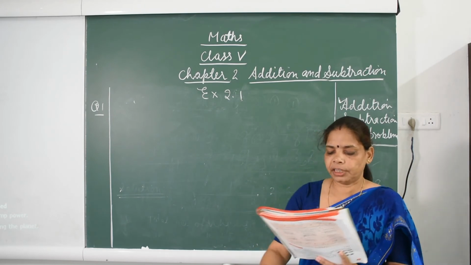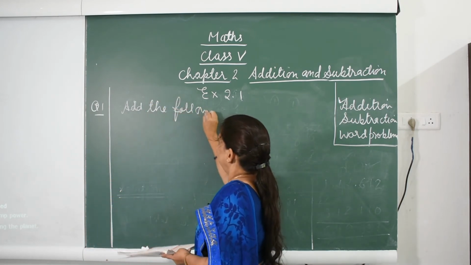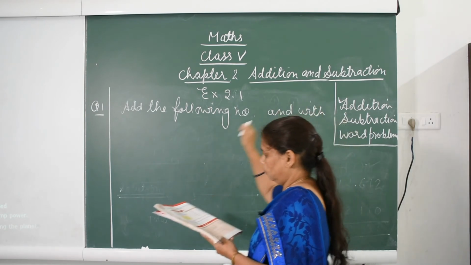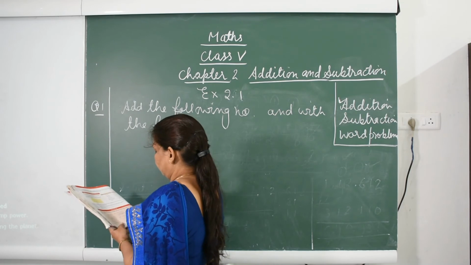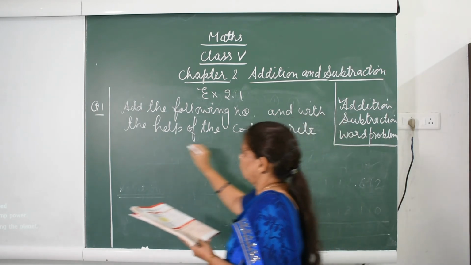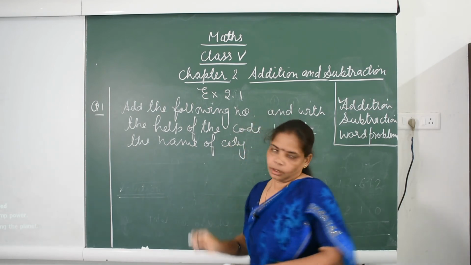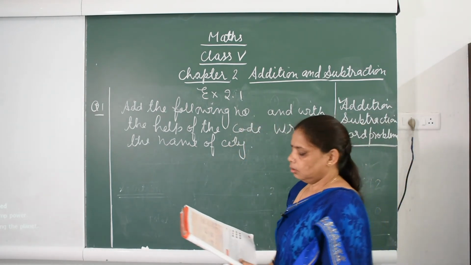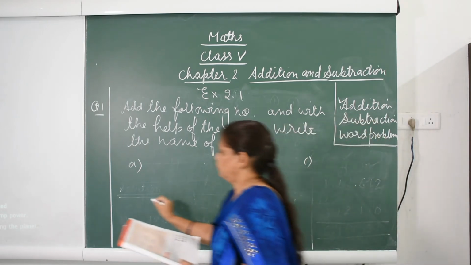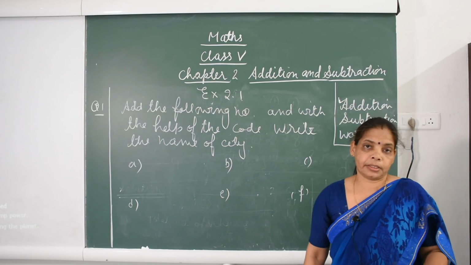Add the following numbers and with the help of code write the name of the city. Children, here 4 sums are given. After adding all the sums, clues are given here.